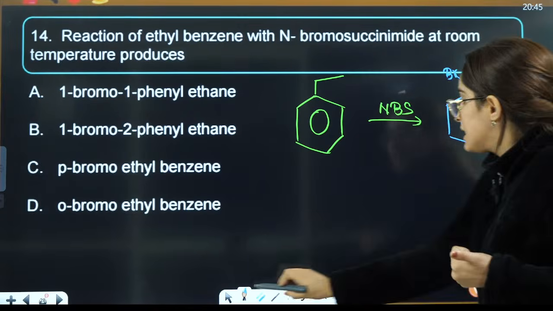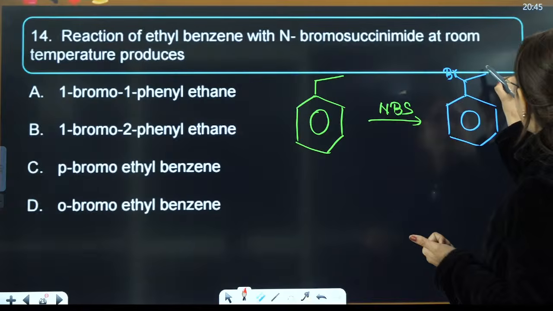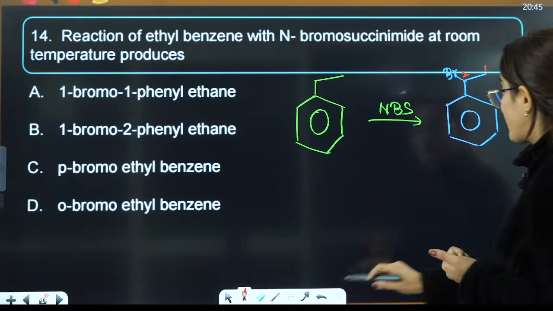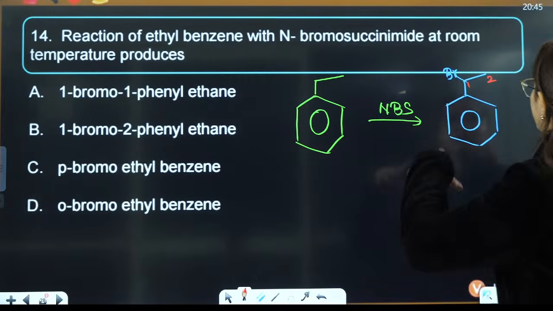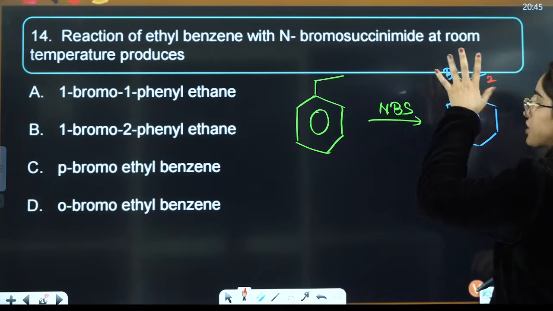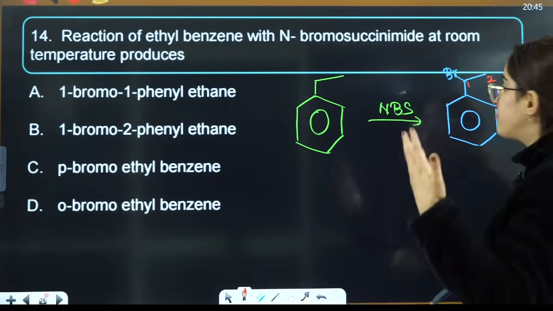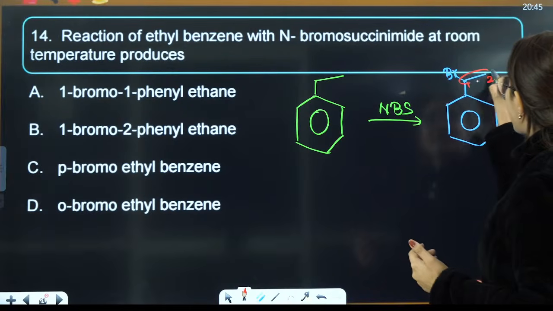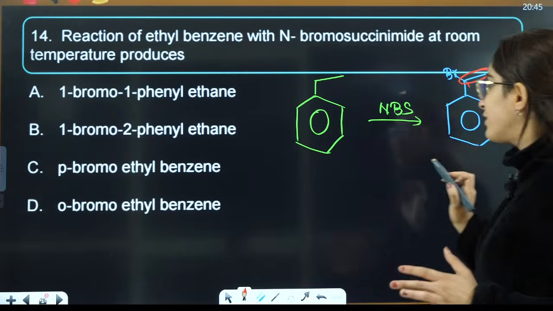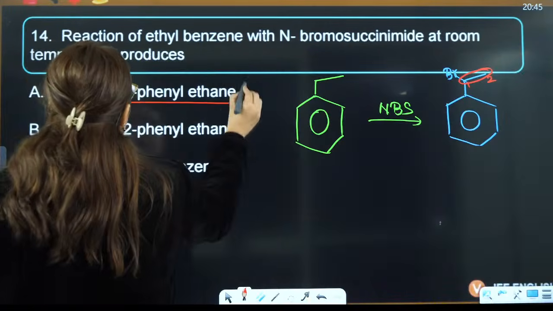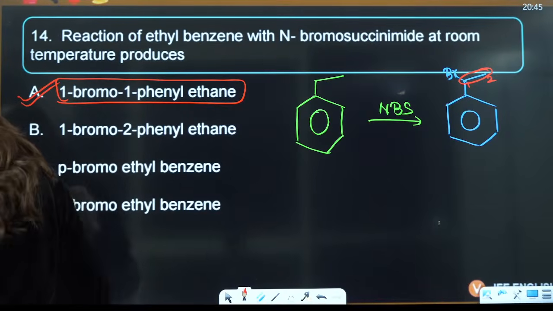We number it 1 and 2, and wherever you have a substituent, you number it first. So you take this as the parent chain because it has the substituent. So this is bromo and phenyl. 1-bromo-1-phenylethane is the correct answer here.